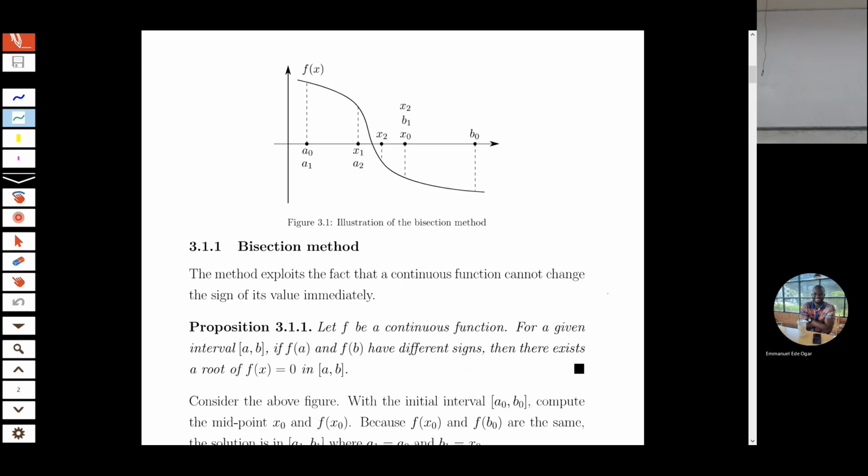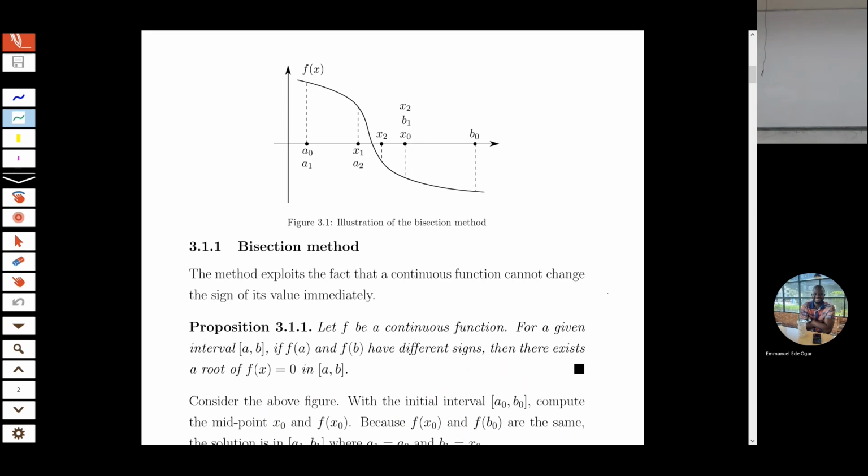In the bisection method, once we know this, we try to reduce the interval. If f(a) and f(b) have different signs, then we know the root is within a and b.